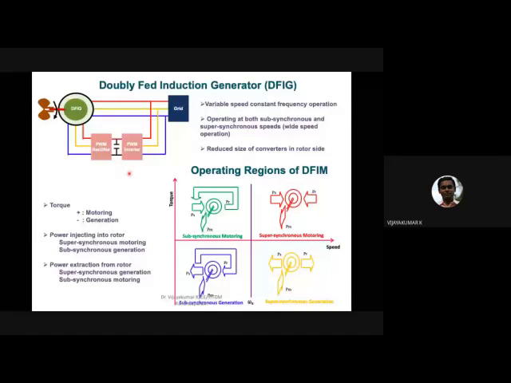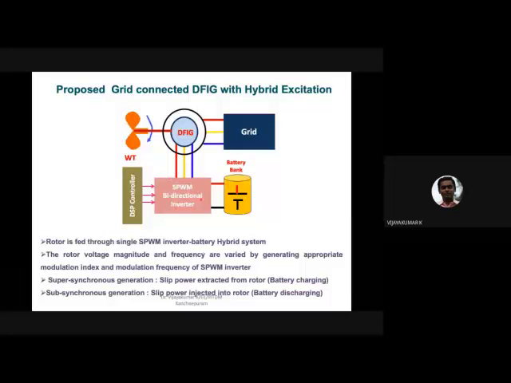We use the back-to-back converter for bidirectional power flow. Here we need some energy store, so we can integrate some energy storage. By incorporating the energy storage, whenever power is required at the rotor, the converter can draw the power from the battery and inject it to the rotor.